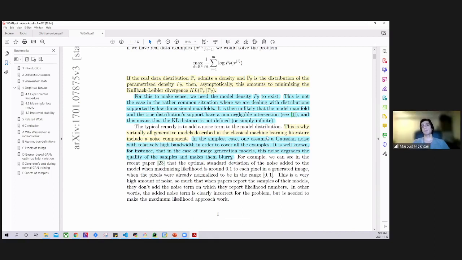Yeah, I think a more advanced approach, like you mentioned, fixes this issue that they mention here too, right? Because it says if you assume a Gaussian noise, then again it degrades the quality of the samples. That's not generally true. With score matching, we'll see that actually adding noise makes the model better. And if you add the correct amount of noise, the model performs very well, even comparable with GANs. I see.